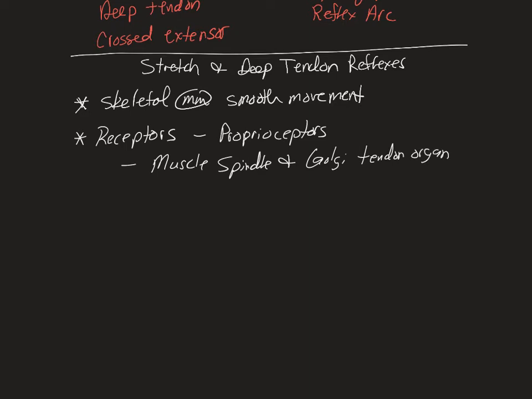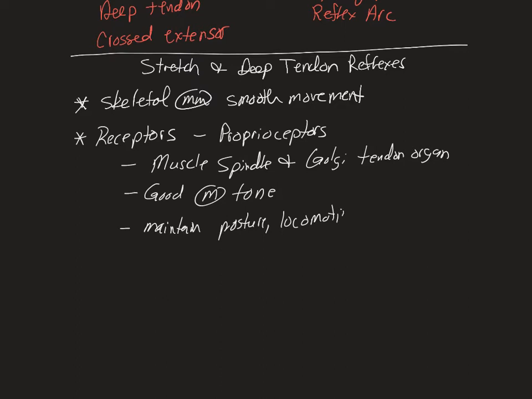Now, these aren't just because you want to know where your body is in space. They are also what is helping to maintain good muscle tone, because it lets the reflexes determine how much you should or shouldn't be contracting. This is also very important for just maintaining posture, locomotion.